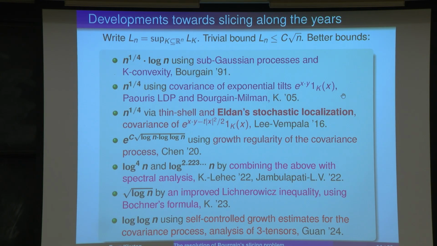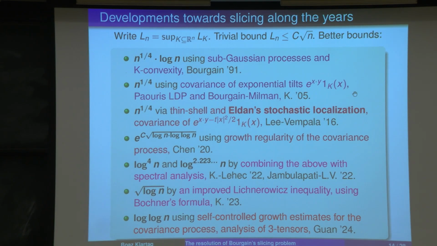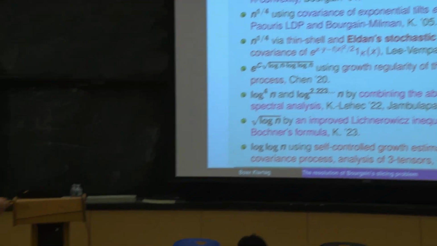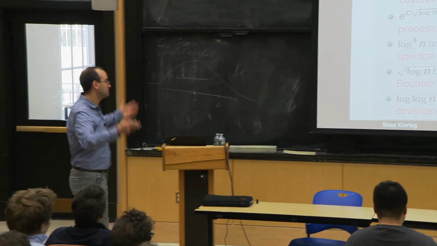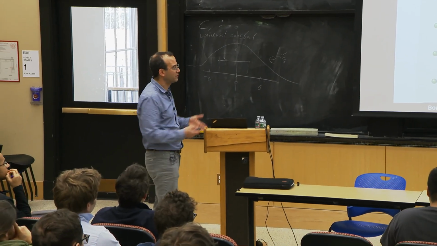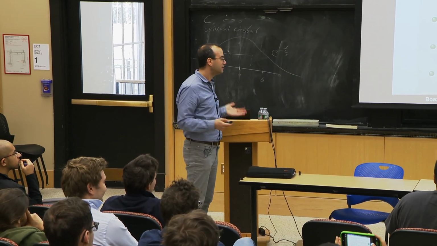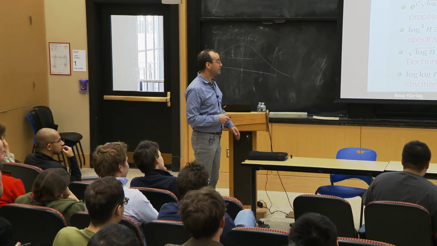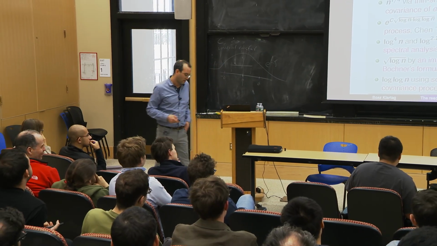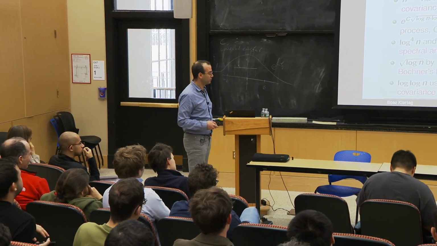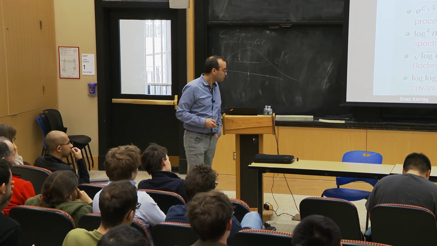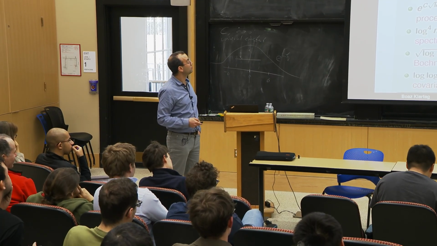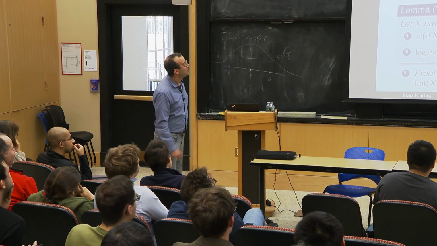More importantly for us, on the way to this log n, he proved an estimate that would give the slicing theorem. Very quickly afterwards, we were able to complete this by using this breakthrough by Qingyang Guan from the Chinese Academy of Science in Beijing. So this is the history of the slicing problem.